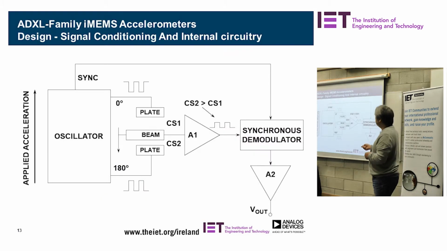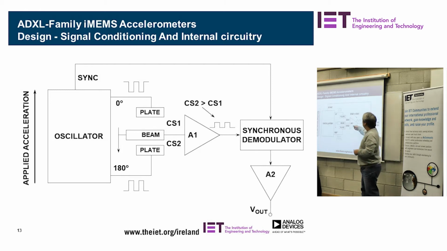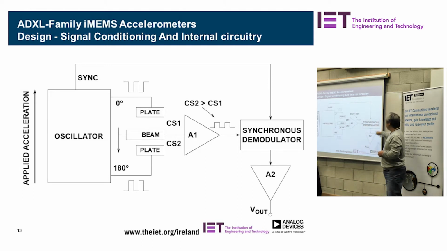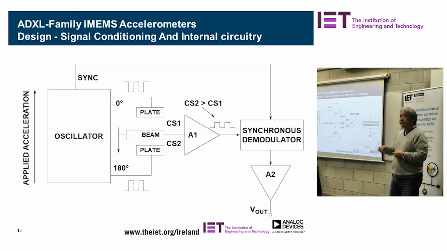You have an oscillator, and when voltage is applied, this beam moves, and you have two plates. Those two generate opposite polarity. If the beam is right in the middle, the voltage gets cancelled out, so it sends no voltage. But if it's moving, it sends a differential. The differential gets picked up, amplified, then synchronized and demodulated, and then you get voltage out. Depending on the voltage, that's how you relate to the acceleration.